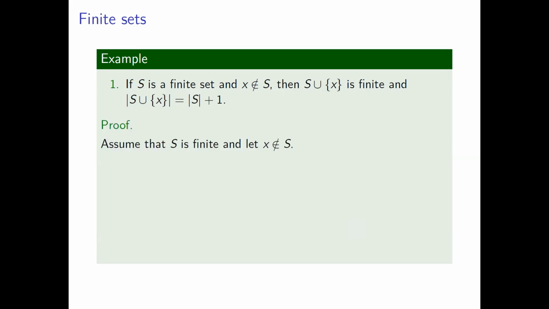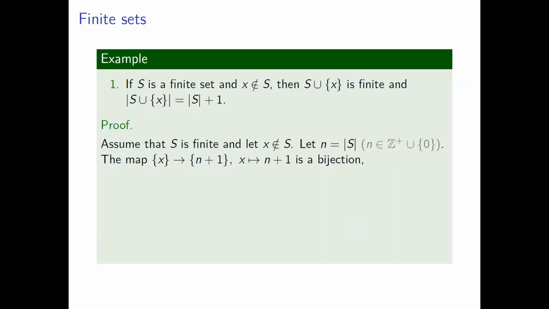We begin the proof by assuming that the set S is finite and the object x is not an element of S. Let n be the cardinality of S, so note that n must be a non-negative integer. Observe that the map which sends x to n plus 1 is a bijection from the singleton with element x to the singleton with element n plus 1.